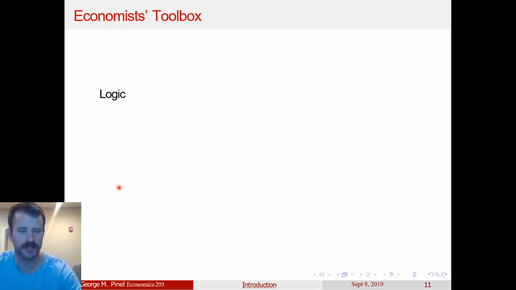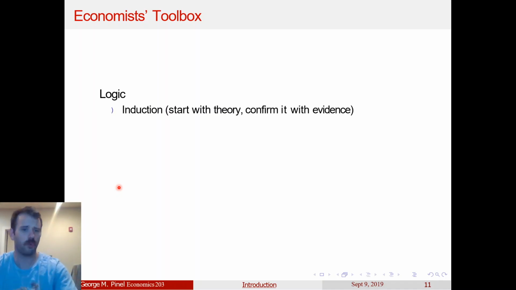So there are two ways you can develop hypothetical logic. One is called induction, where you start with a theory and you confirm it with evidence. So for instance, if you're thinking about the minimum wage example again, the prior belief that was held was that if you raise the minimum wage, you're raising business costs.